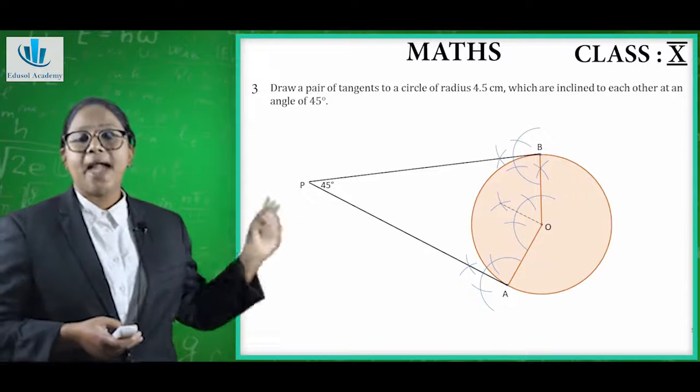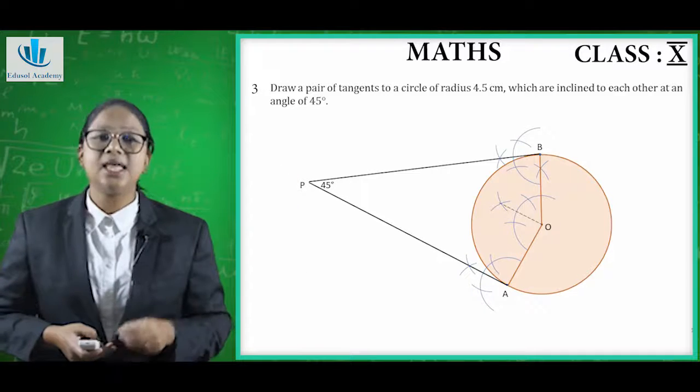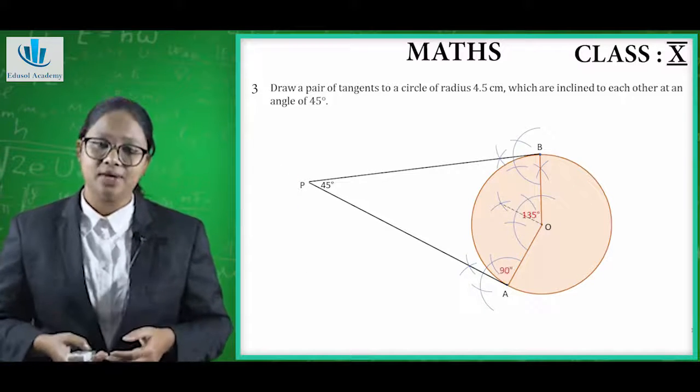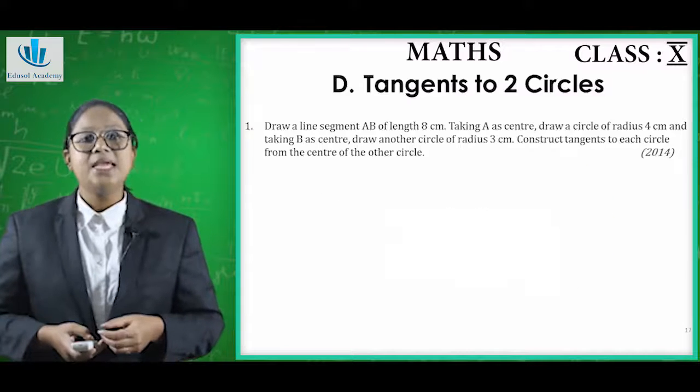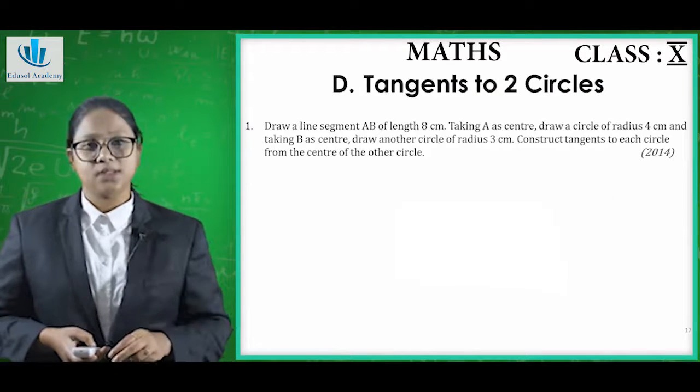So PA and PB are the required tangents and angle P is now 45 degrees. Completed.